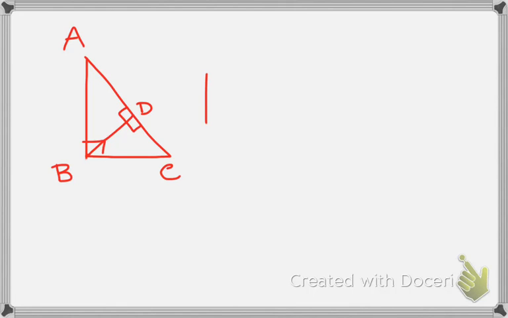What you're going to do for every single one of these problems is make a sketch of your three triangles: large, medium, small. You should be doing this. And then you're going to label your large, medium, and small vertices and important parts.